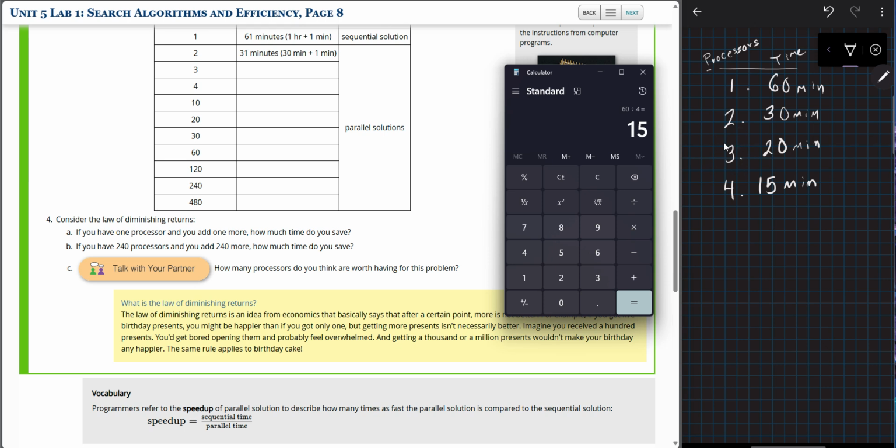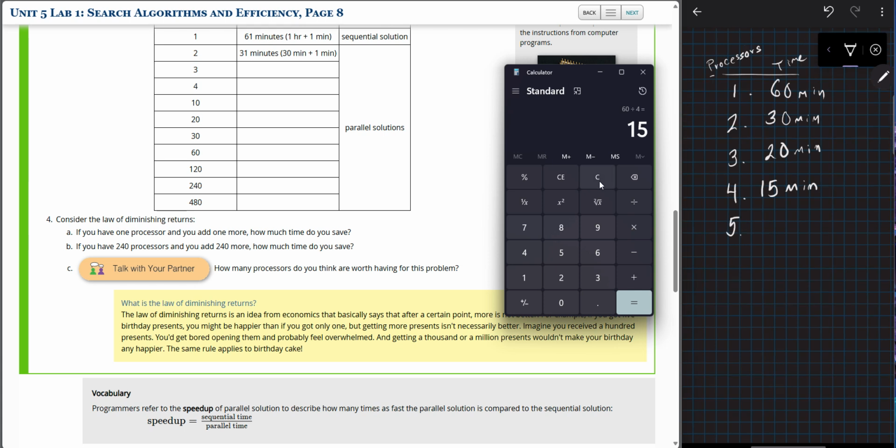When we add one more processor, we save 10 minutes. So we save like 1/3. Then here we save like 1/4. If we were to have five, 60 divided by 5. Oh, that's 11. Oh, 12. So 12. So we only save 4 minutes.